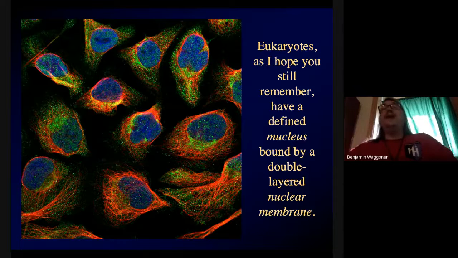The green dots and the red fibrous stuff are different components of the cell. We'll talk about those in a bit, but what I want you to see for right now is that sharp dividing line between the blue nucleus and the red and green rest of the cell. That's the defined nucleus bound by a double-layered nuclear membrane.